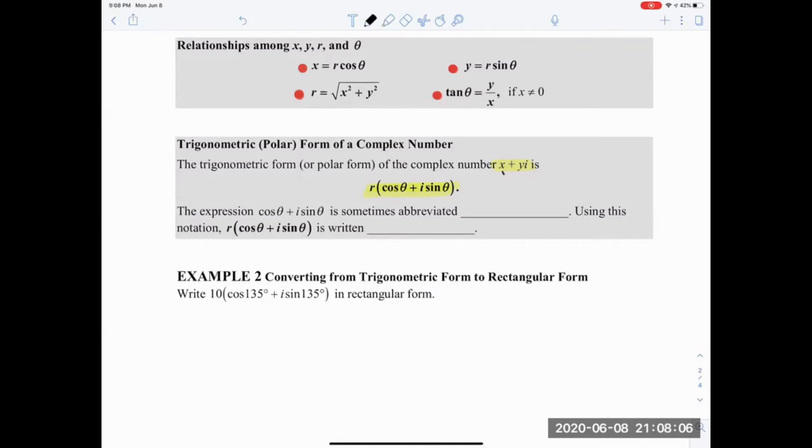If you look, x was nothing else but r cosine of theta, and y is r sine of theta. Then you factor out r, and what's left is your new expression for writing the complex number. So it's r parentheses cosine of theta plus i sine of theta.